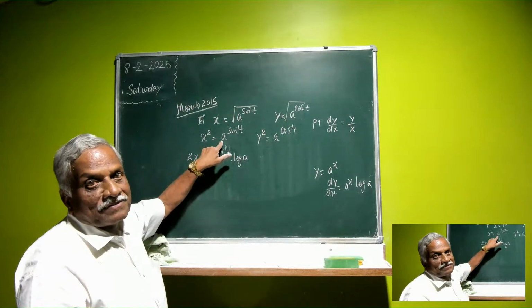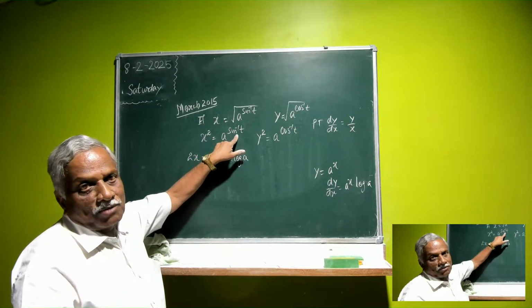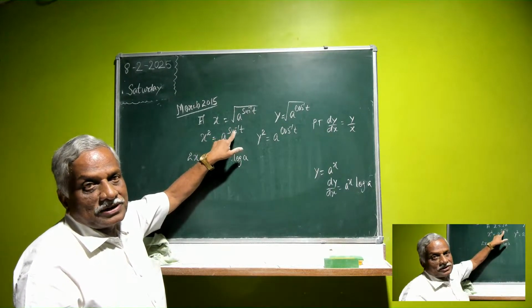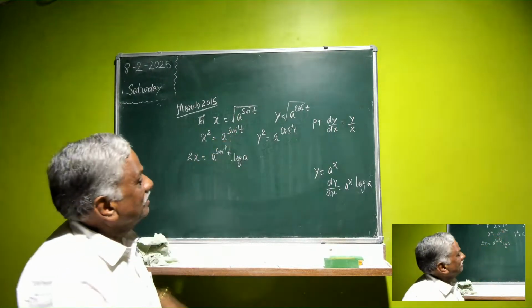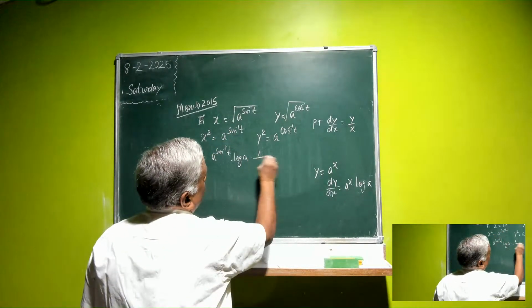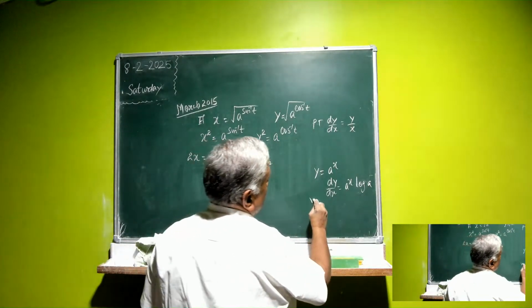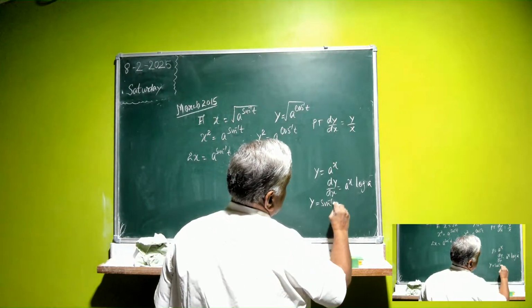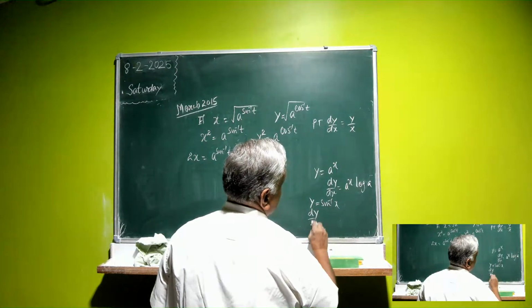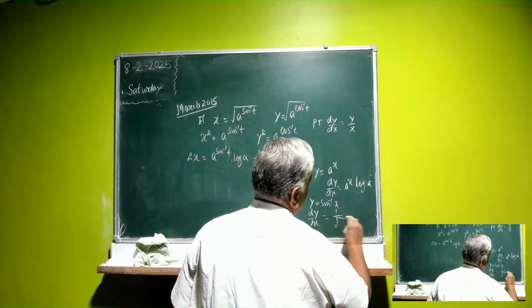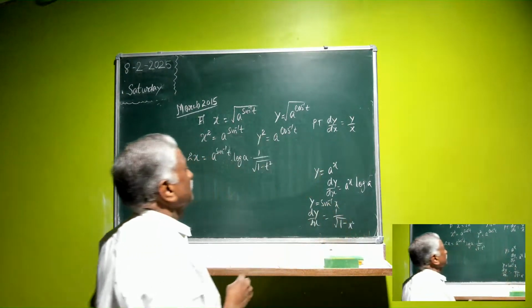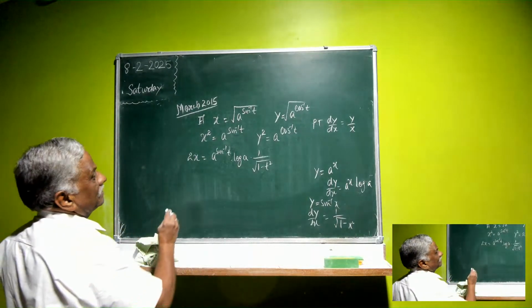That completes the differentiation of a to the power of x. The problem is not yet over. I should differentiate sine inverse t. That is 1 over root of 1 minus t square. The formula: y is equal to sine inverse x, dy by dx is equal to 1 over root of 1 minus x square. I'm using that.